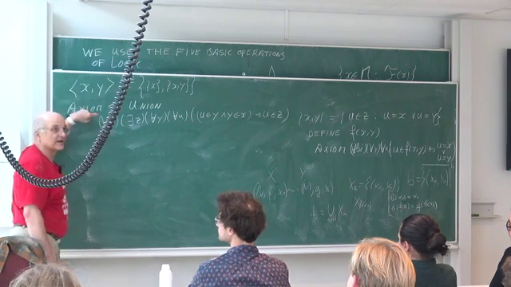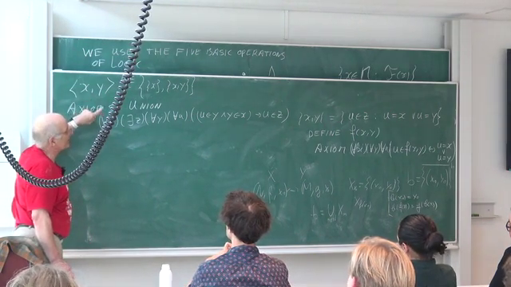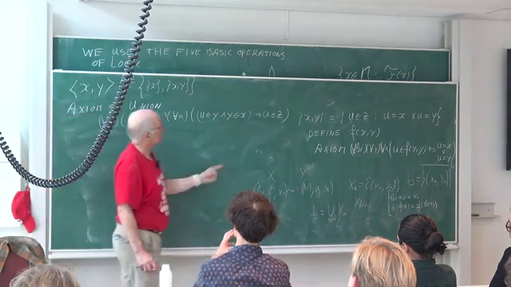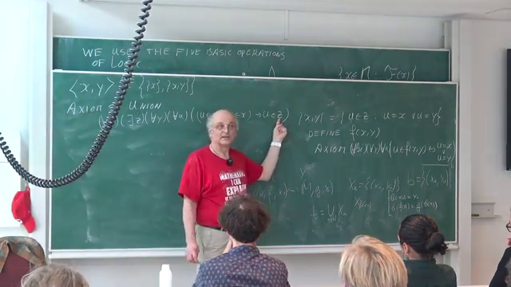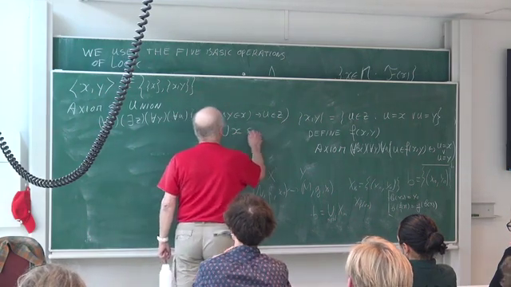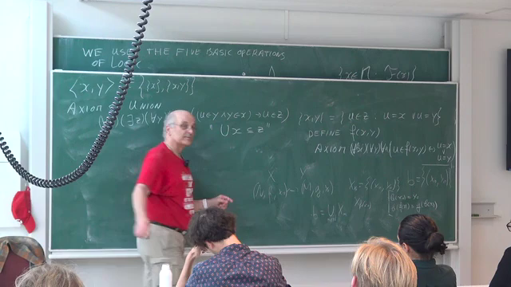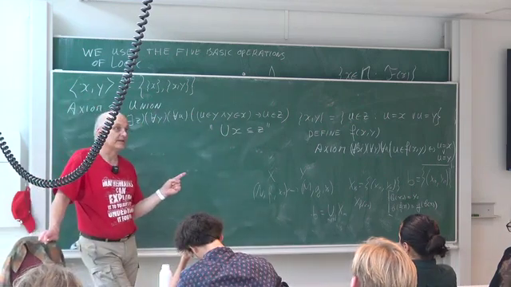The union axiom has the same structure as the pairing axiom. It doesn't say that Z is the union of the family. It simply says that the union of X is a subset of Z.